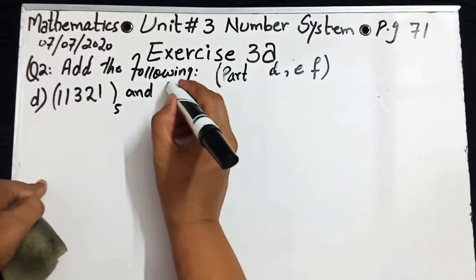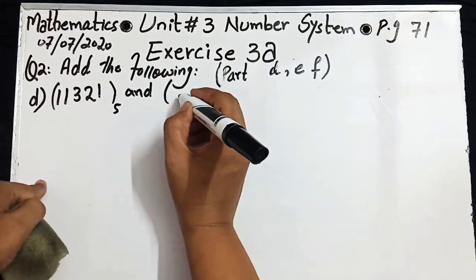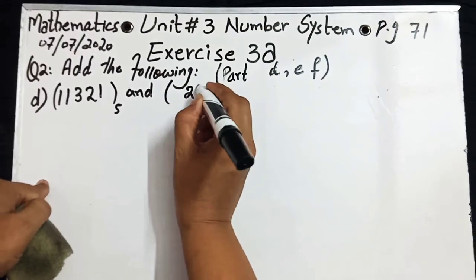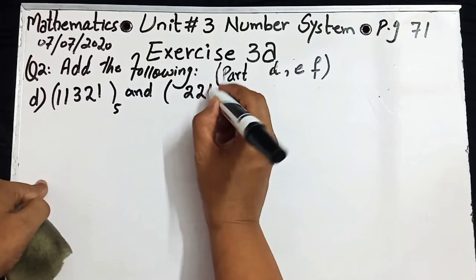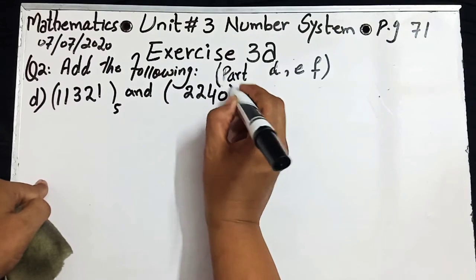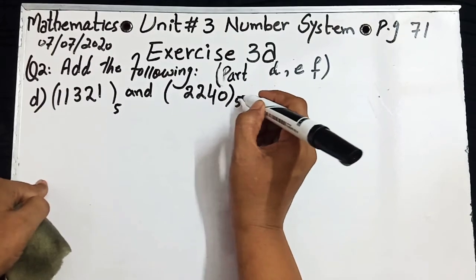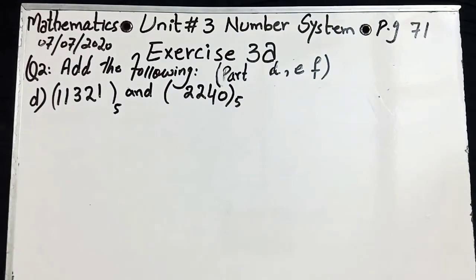It's up to you whether to use the plus sign or "and". Just check your question: 11321 base 5 and 2240 base 5. Add them.